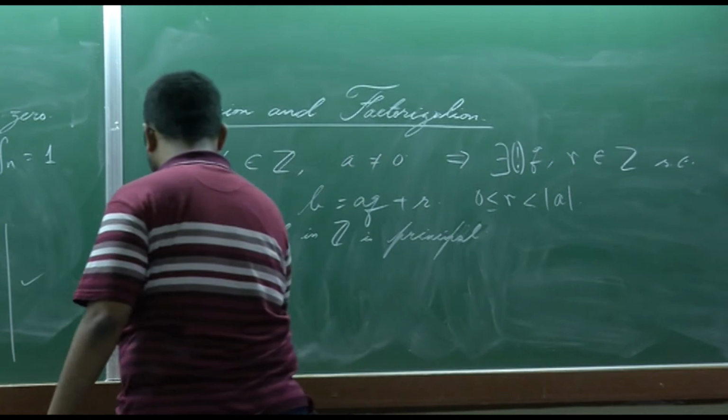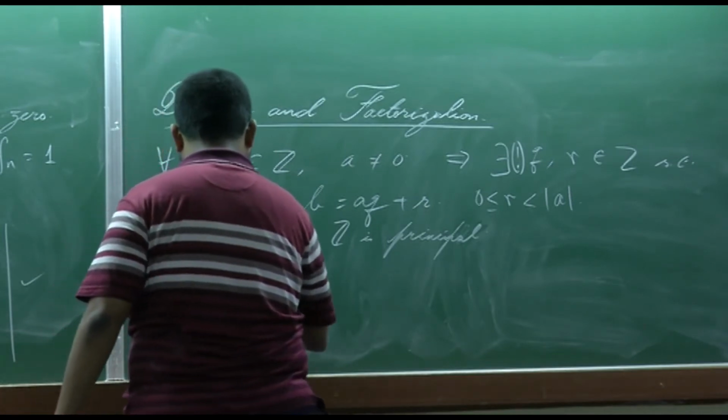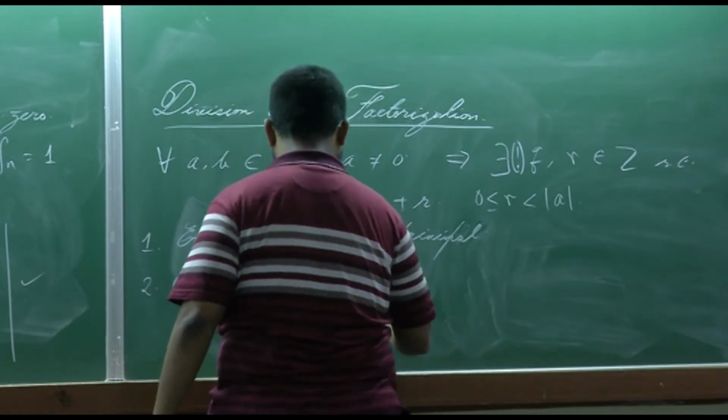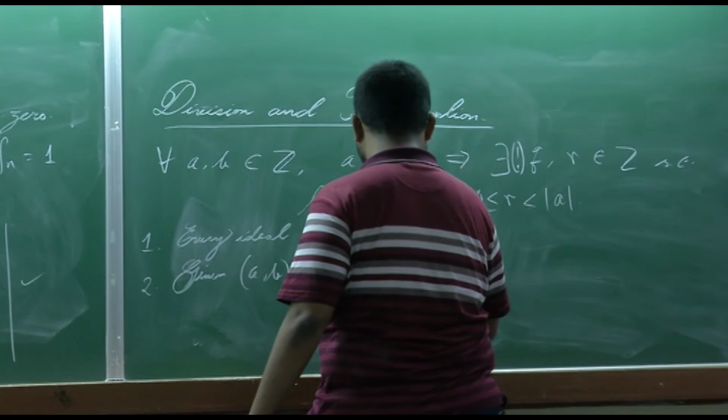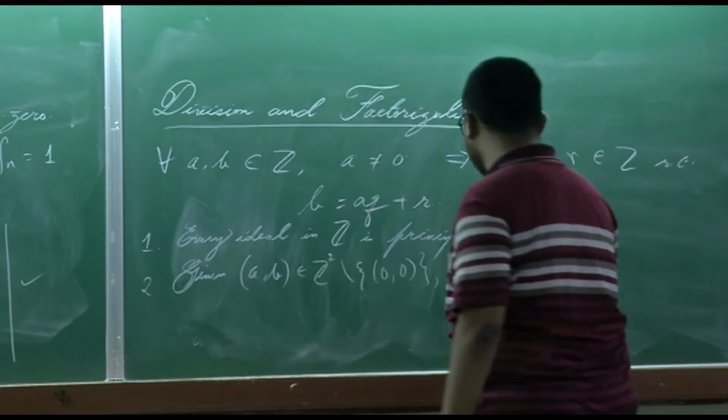Okay. Then, given any two integers, not both 0, there is a GCD. So, what is a GCD?